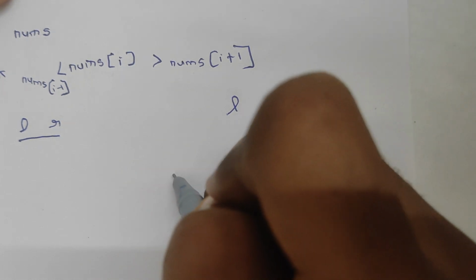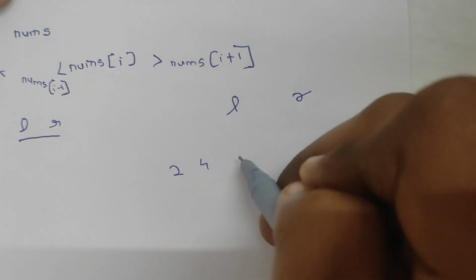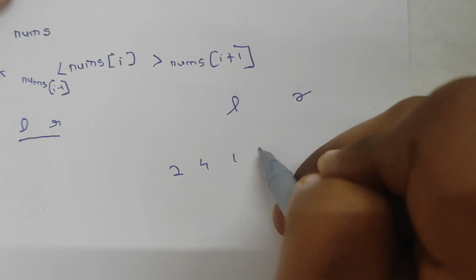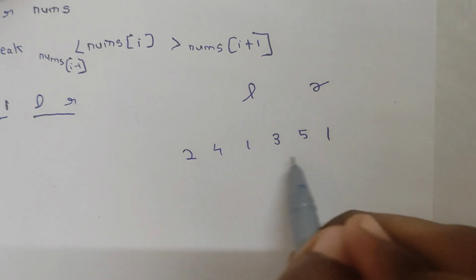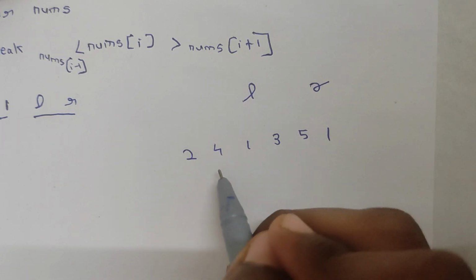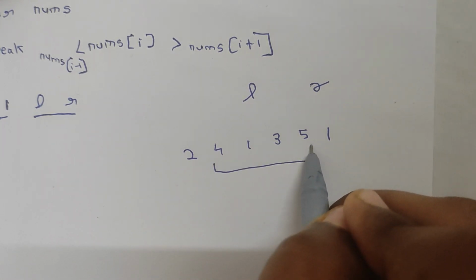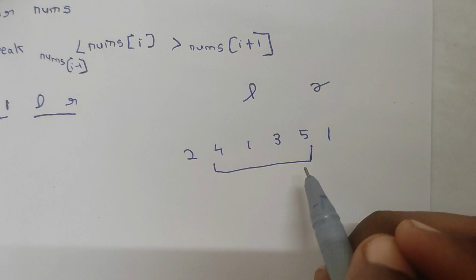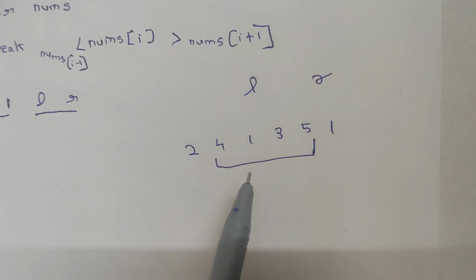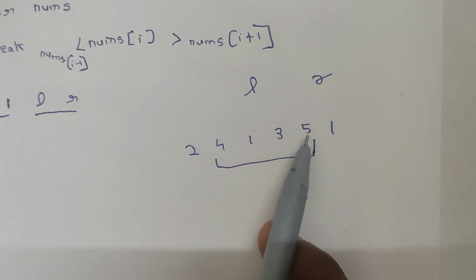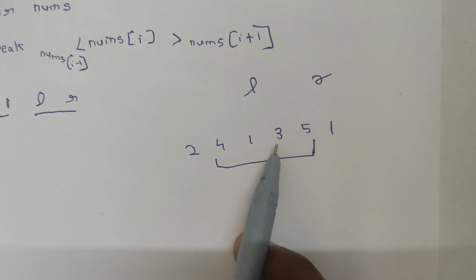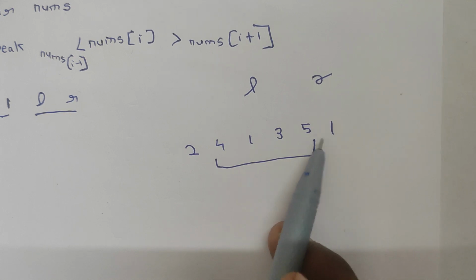Suppose I will give an example. Suppose this is the entire array that they give us, and L and R is between this range. When we consider the entire array, 4 is a peak because it's greater than 2 and it's greater than 1, and 5 is also a peak because it's greater than 3 and it is greater than 1.